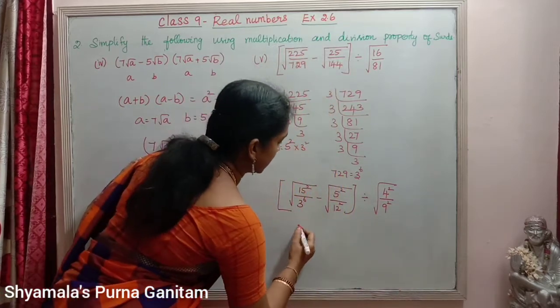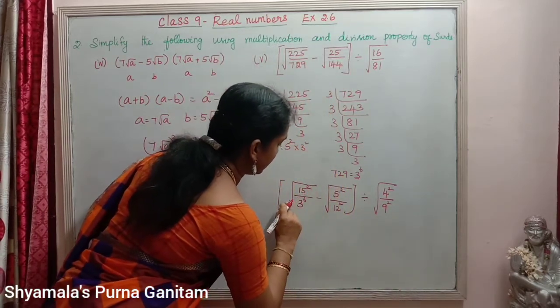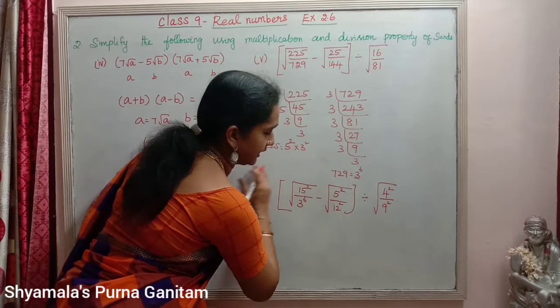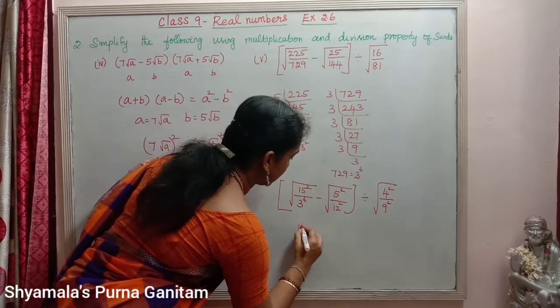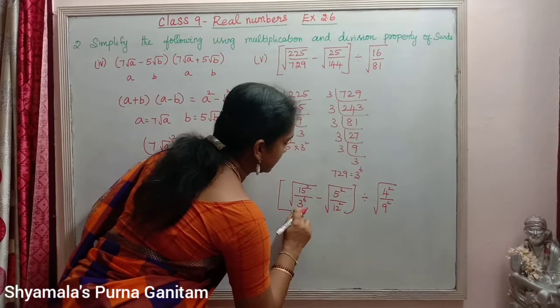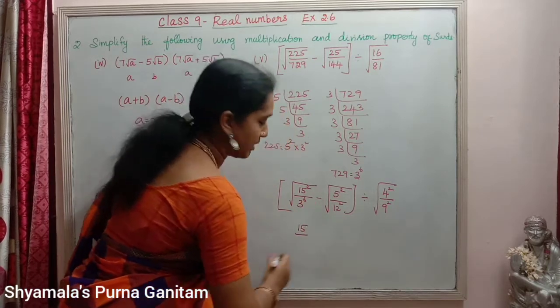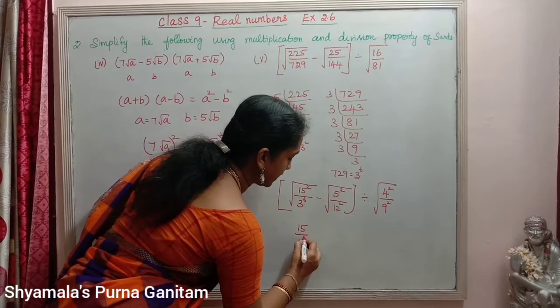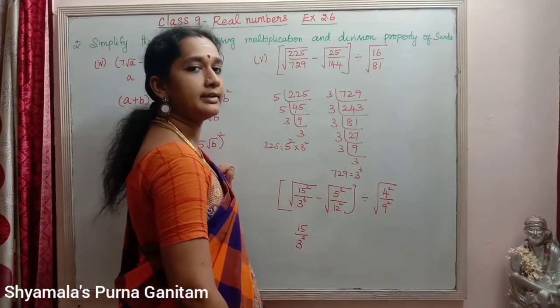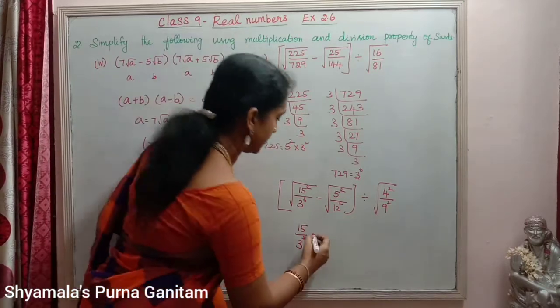So this one is 15 squared. When we bring it out from the root, we will get 15 by 3 power 6 into 1 by 2, so we get 3 power 3. So 3 3s are 9, 9 3s are 27 we will get.